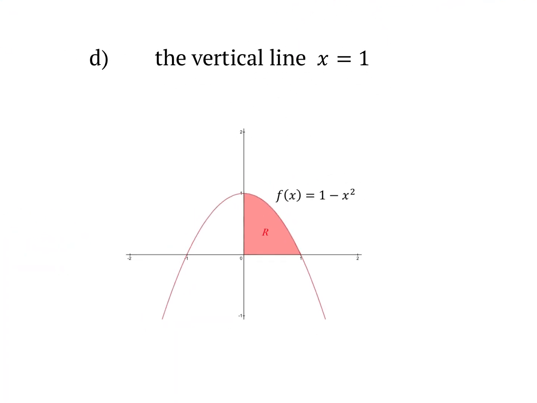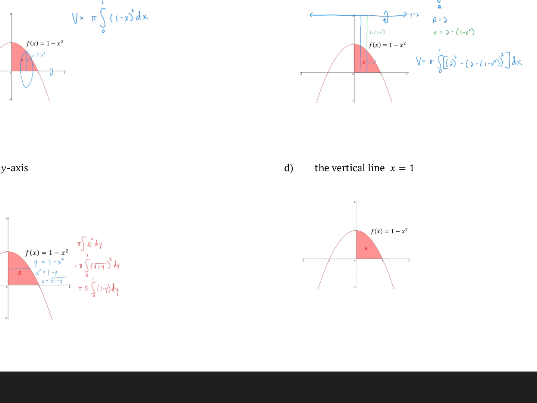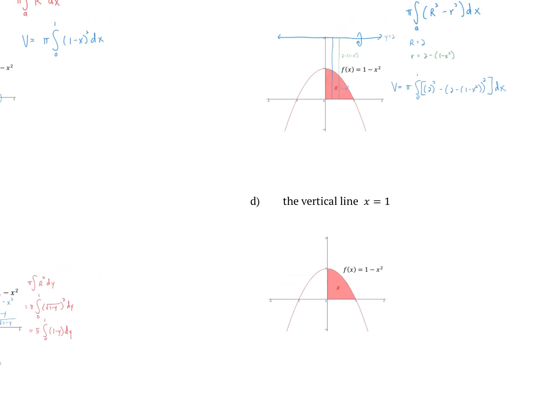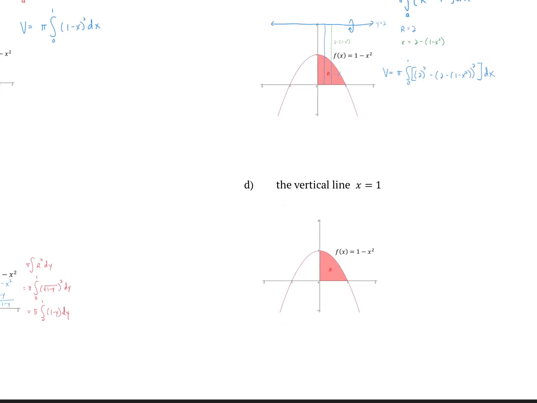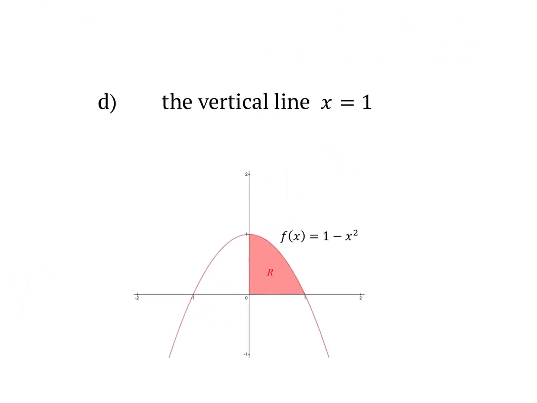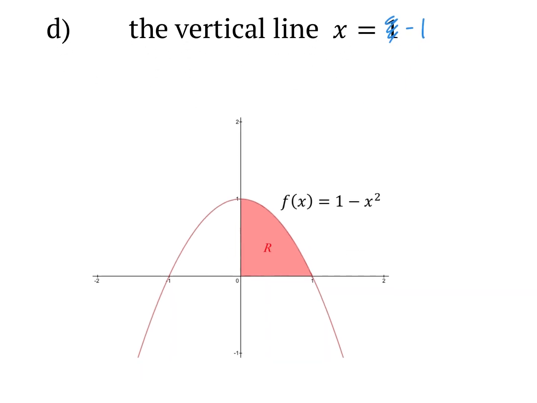Sorry, I meant that to be to the left. This should be -1. So x equals -1. All right, so we're going to rotate it around this vertical line here.